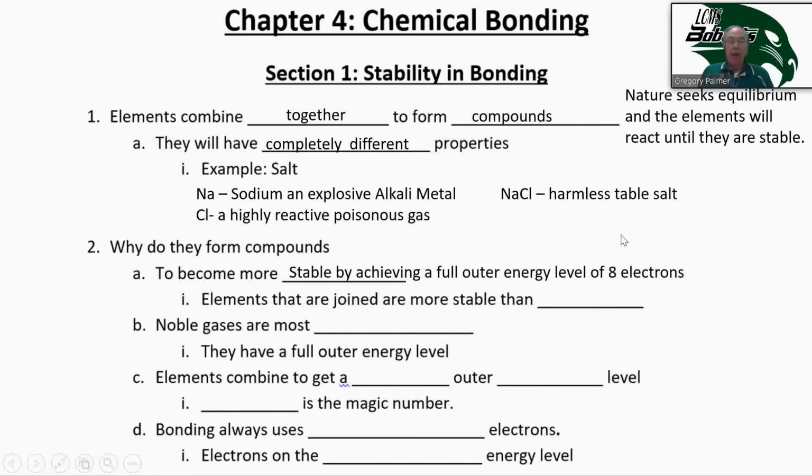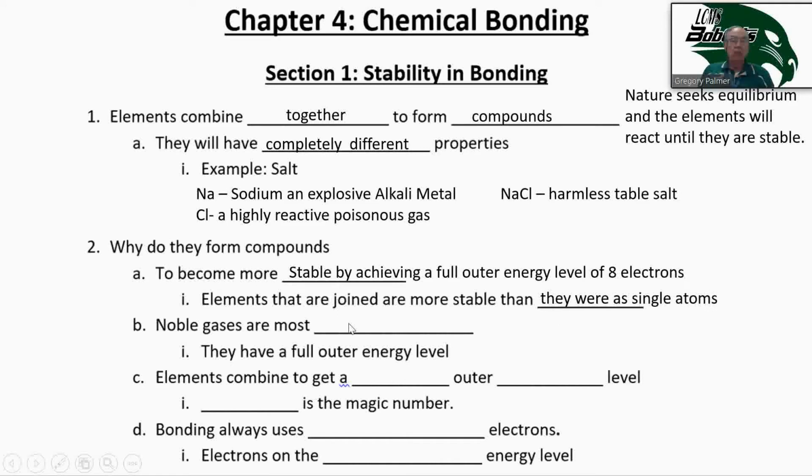Why do they form compounds? They become more stable by achieving a full outer energy level of 8 electrons. So remember those noble gases, they had a full outer energy level, and with the exception of the first energy level, helium that had 2, everything else has a full stable energy level when it's 8 electrons.